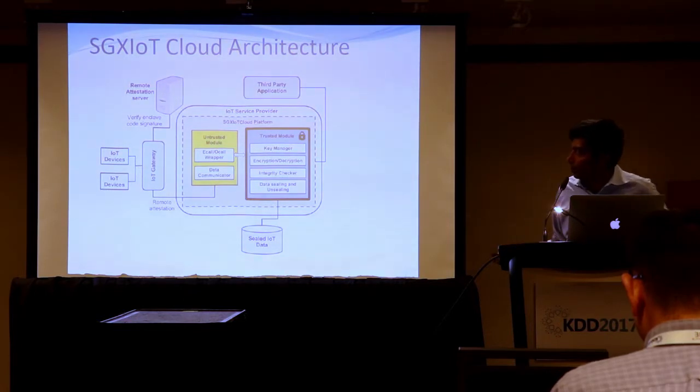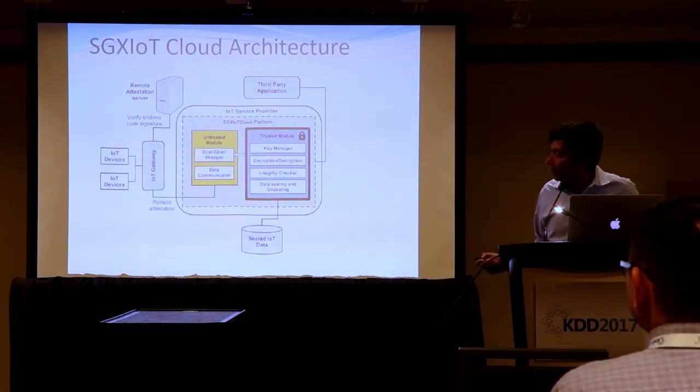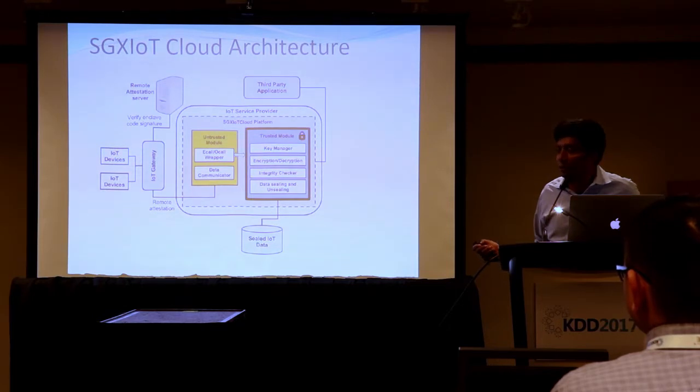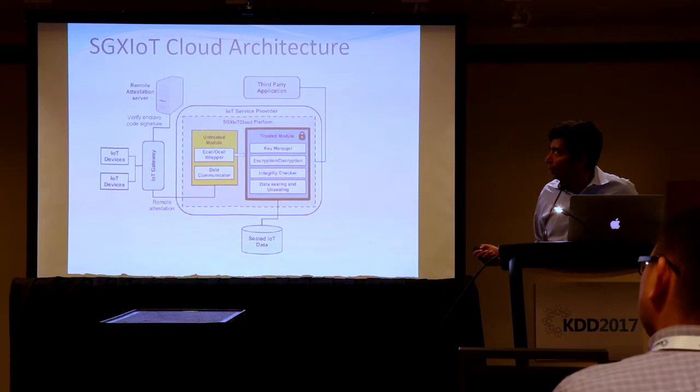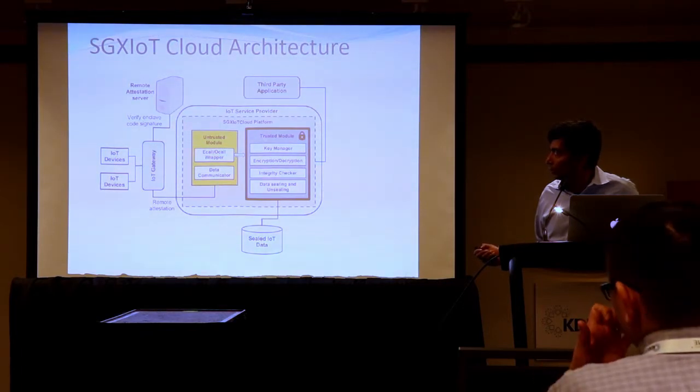What I mean is, IoT devices generate the data, and then the IoT gateway will pass this data to the cloud, where we will deploy SGX to make sure that when the data comes, it will be processed in a secure manner. Confidentiality will be preserved, and integrity will be preserved. SGX will create enclaves where the data will be processed in a secure region.